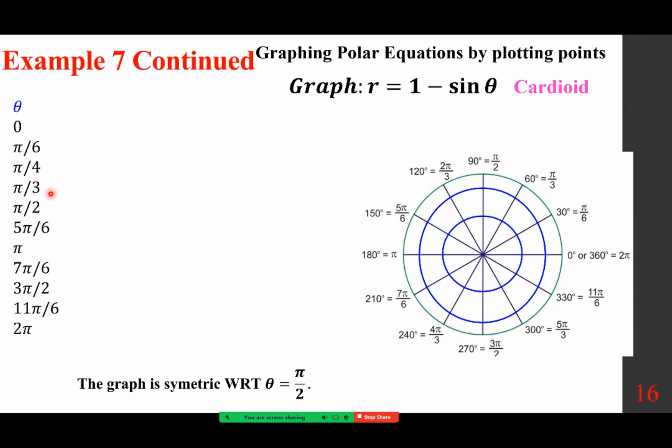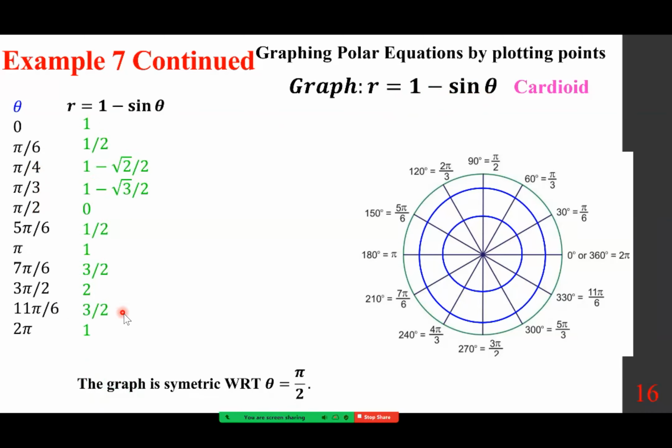Pi over 3, 1 minus sine of pi over 3, which makes it 1 minus square root of 3 over 2. Pi over 2, 1 minus sine of pi over 2, which means 1 minus 1 equals 0. And the rest of them follow. So r equals 1 minus sine theta.